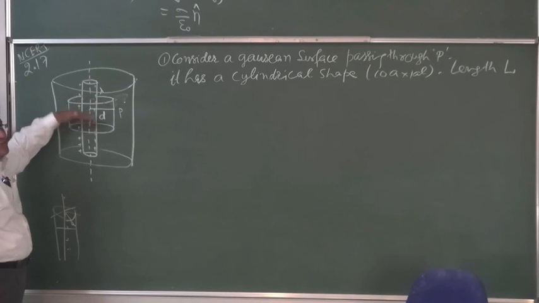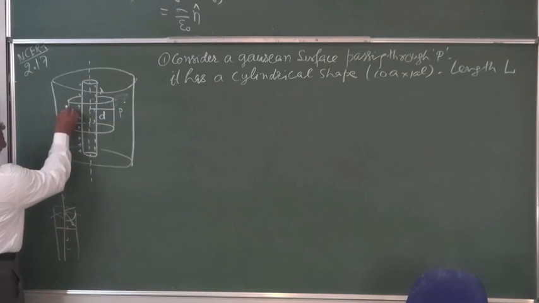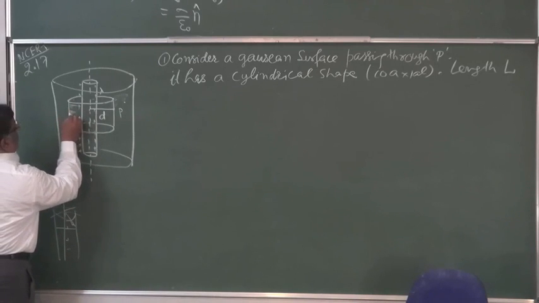There are 2 surfaces, top and bottom. They are plane surfaces, and this becomes our Gaussian surface.